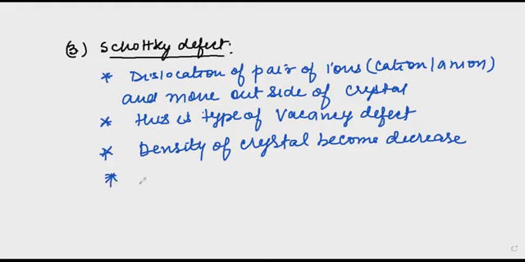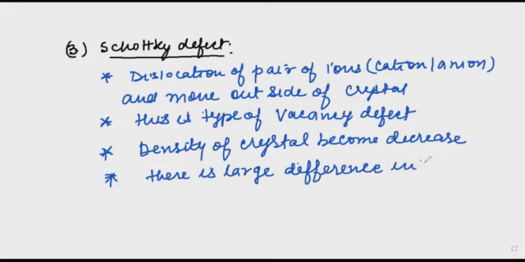And next point of remembering, there is a large difference in sizes of cation and anion. This is a large difference in the size of cation and anion. Clear?